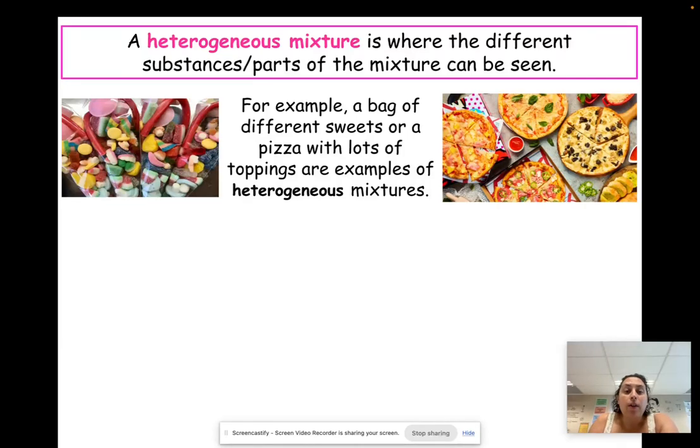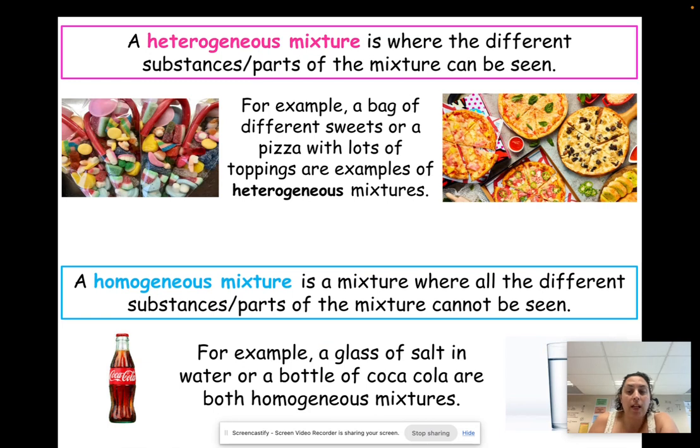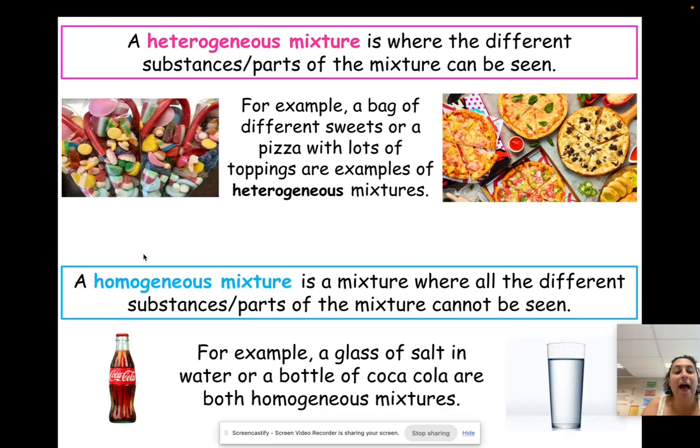The other ones are the ones that we've already talked about. We're just going to give a new name to it. We're just going to add the term homogeneous mixture. A homogeneous mixture is one where it looks like a pure substance, but actually there's more than one substance, and they can be separated using techniques like evaporation or distillation.